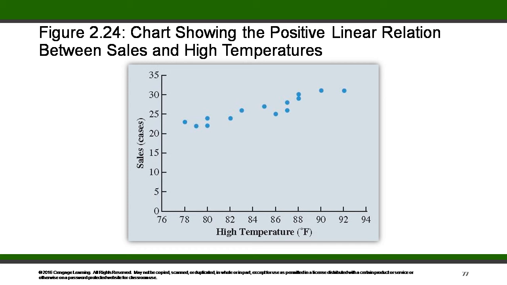This is an example of a positive relationship because when one variable, in this case high temperature, increases, the other variable, or the sales of bottled water, generally also increases. The scatter chart also suggests that a straight line could be used as an approximation for the relationship between high temperature and sales of bottled water.